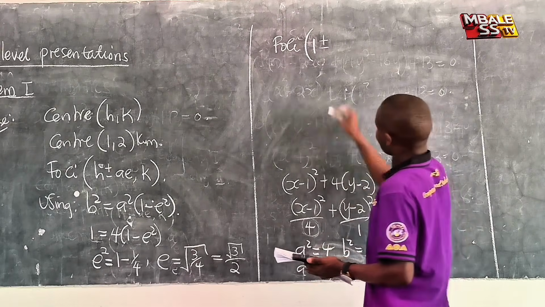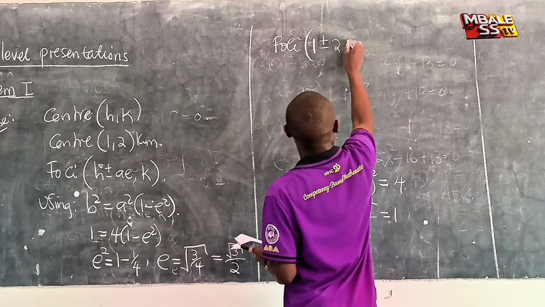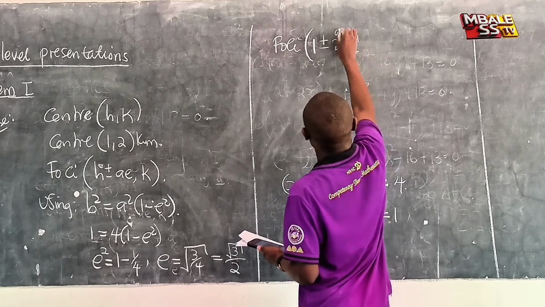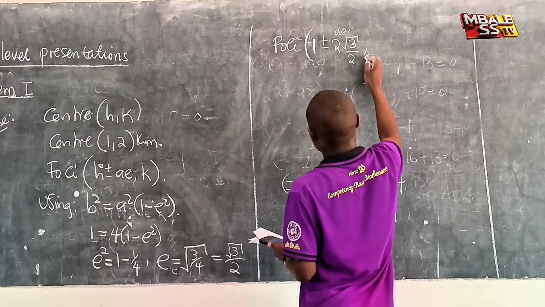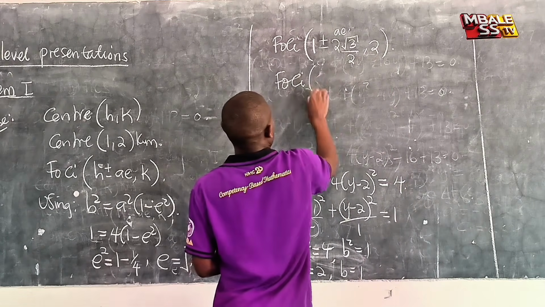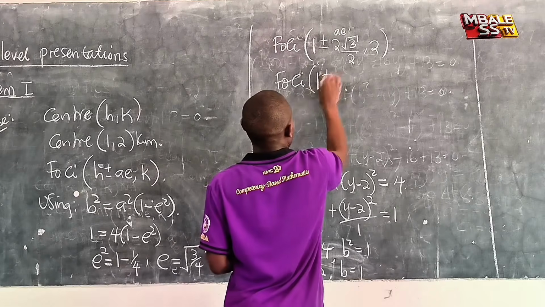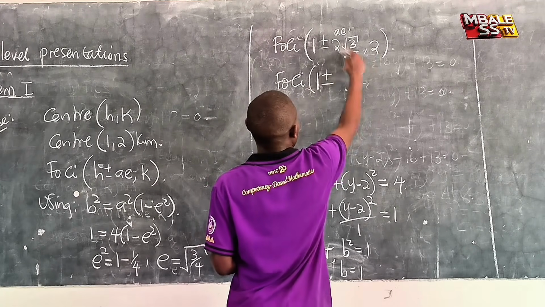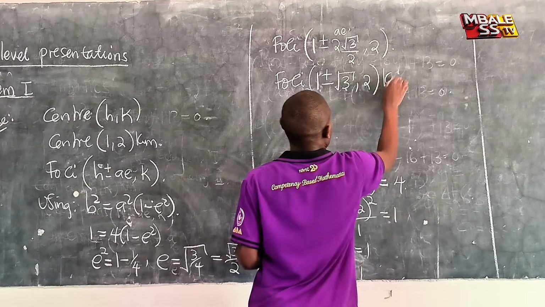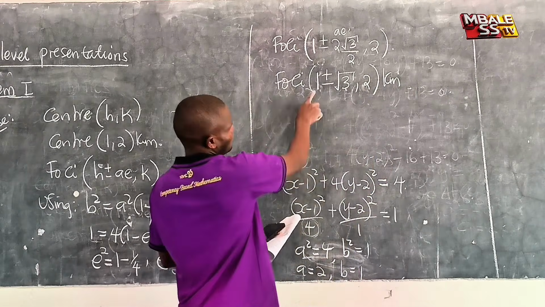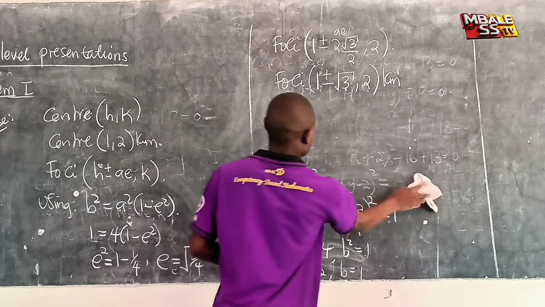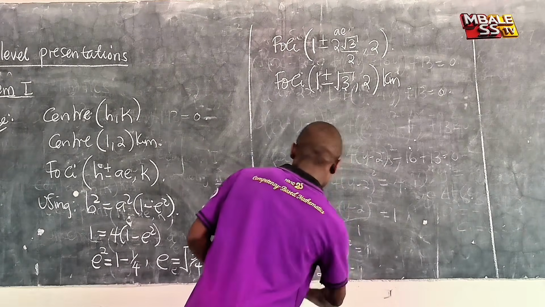So the plus minus is always inbuilt here. So that is 2 times root 3 divided by 2. This is the eccentricity, this is a times e. Then k is 2. So my foci will be 1 plus or minus, the 2 will disappear, so that is root 3 and 2 kilometers. These are 2 coordinates. We have the one coming from a plus and one coming from a minus.